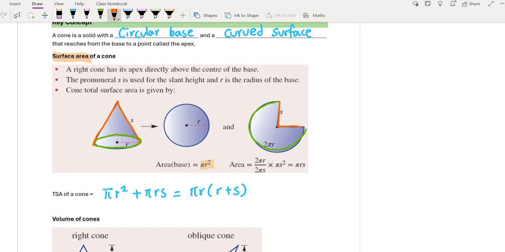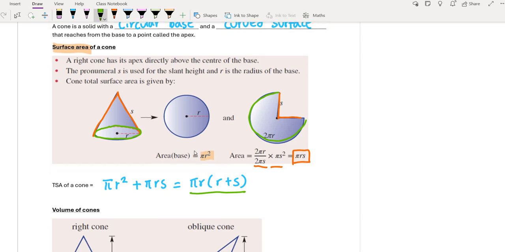So we have this area which is made up of these two, but it can be simplified as pi times r times the slant. So the total surface area, we're adding these two up, and then if we were to factorize it so it looks a bit neater, this is what we end up with for the total surface area of the cone.